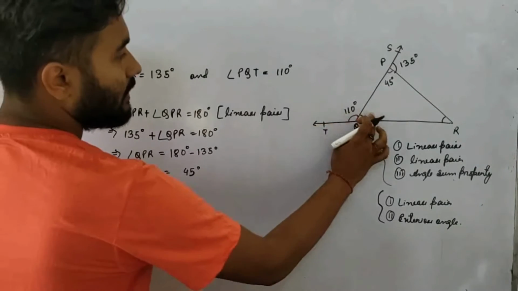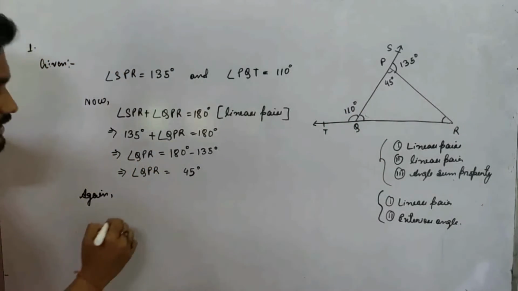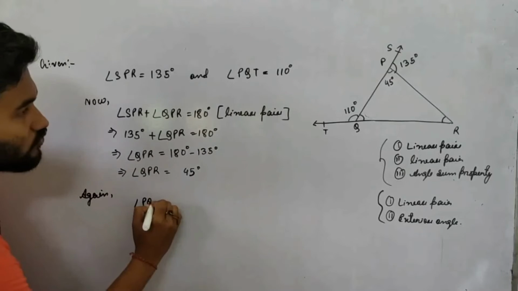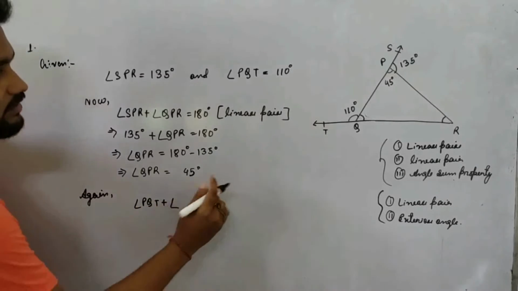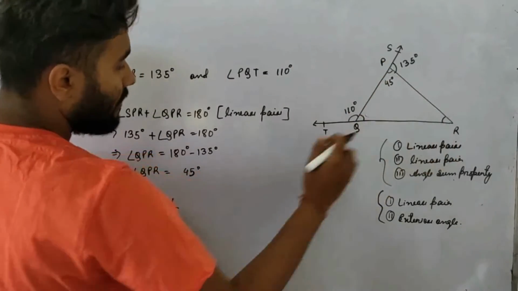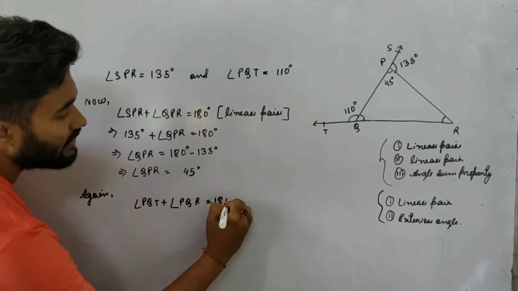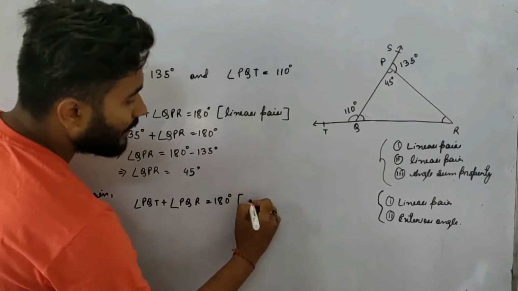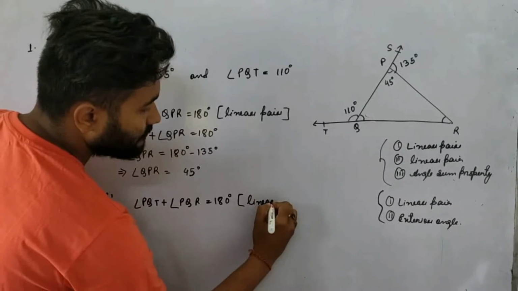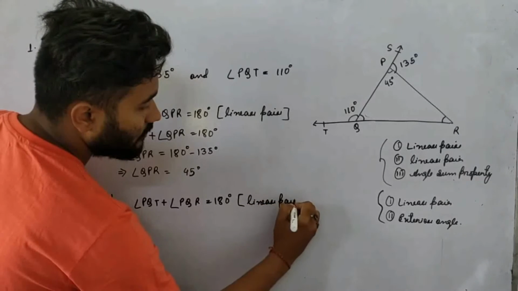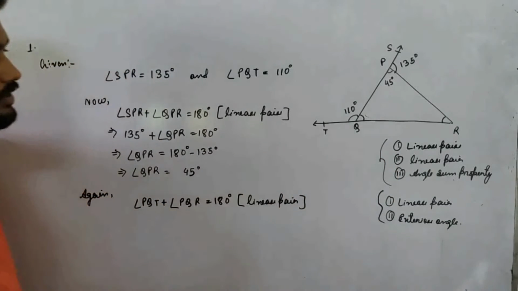So again, this plus this will be 180 degrees. Angle PQT plus angle, what is the name of this angle? PQR. Angle PQR will be equal to 180 degrees. Why? Because linear pair again. So this way we are going. Okay.